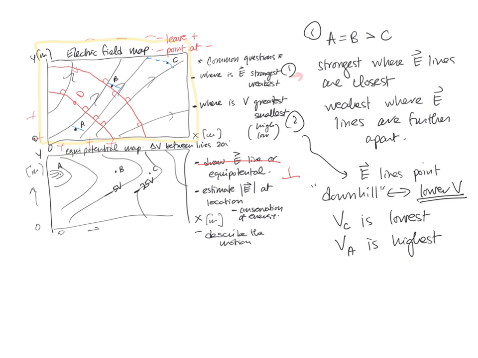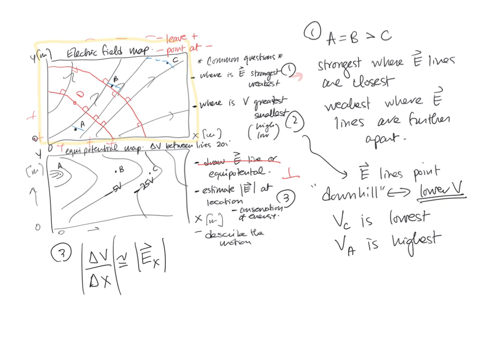Estimating the electric field at a particular location. So for this, again, you're using the idea that the potential difference divided by the distance is approximately equal to the strength of the electric field in that direction.